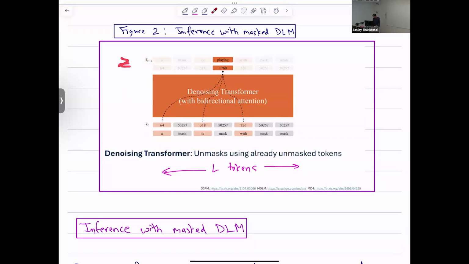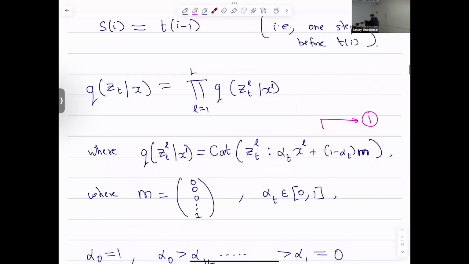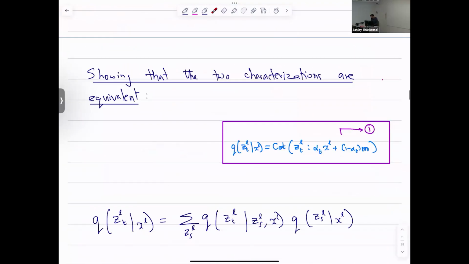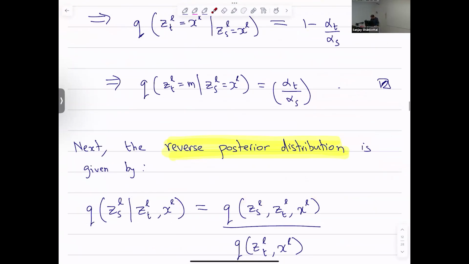So this is Zs. Just recalling the notation, because it's all a function of i: z_s(i). t(i) is i by T. s(i) is i minus 1 by T. So this is Zt, and you want to figure out the next step. And this is what we derived last time.